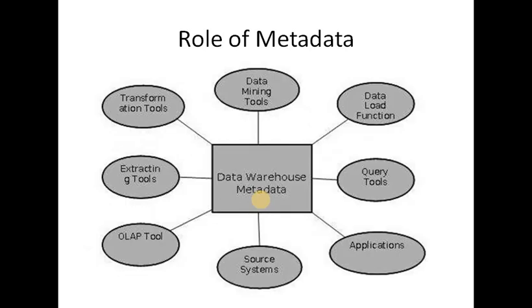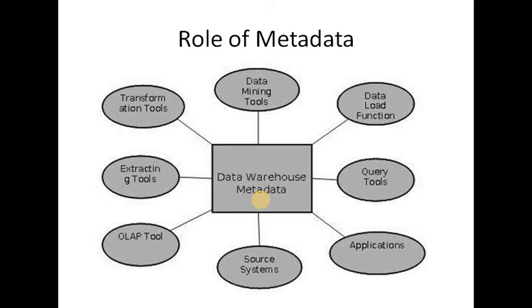So this is another representation of the role of metadata. A data warehouse including metadata deals with the transformation tools, data mining tools, data load functioning, query tools, applications, source system and OLAP tools. Lastly, we are just saying the extraction tools.